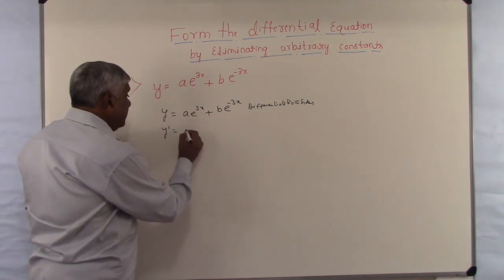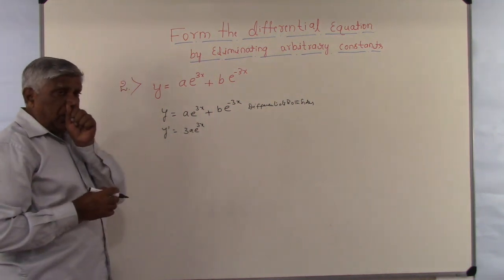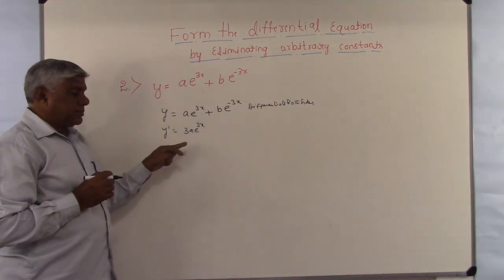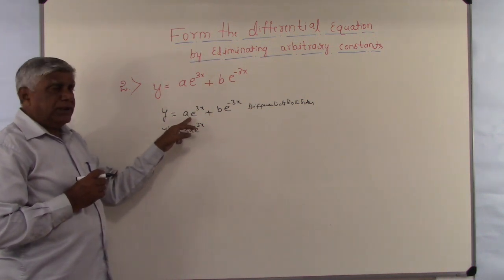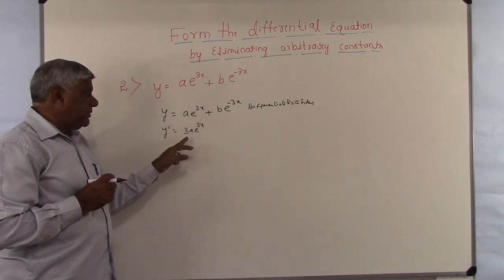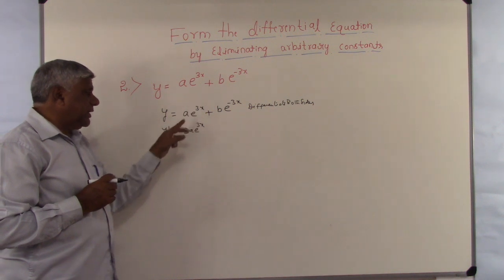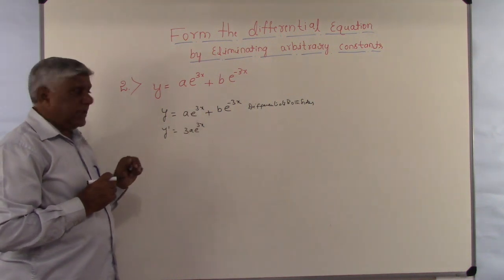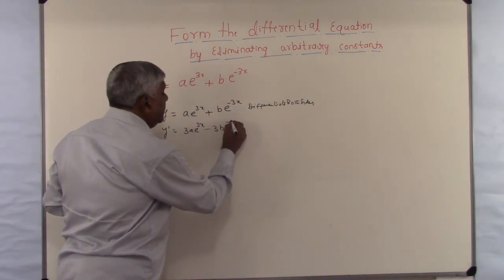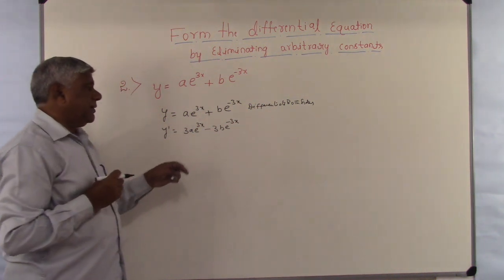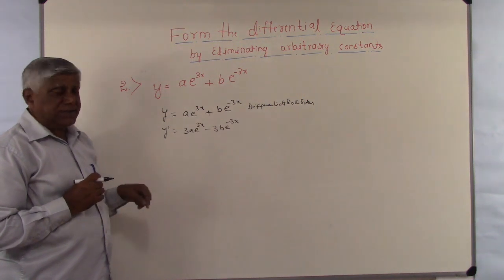It is 3a e to the power of 3x, because differentiation of e to the power of ax is a e to the power of ax. That is, differentiation of e to the power of 3x is 3a e to the power of 3x minus 3b e to the power of minus 3x, because differentiation of e to the power of minus 3x is minus 3 e to the power of minus 3x.